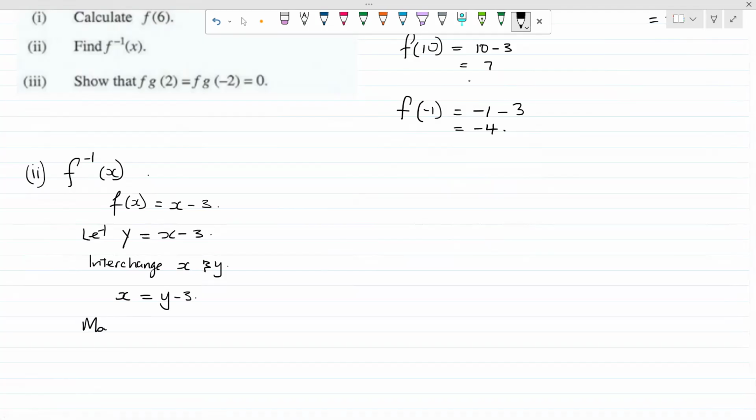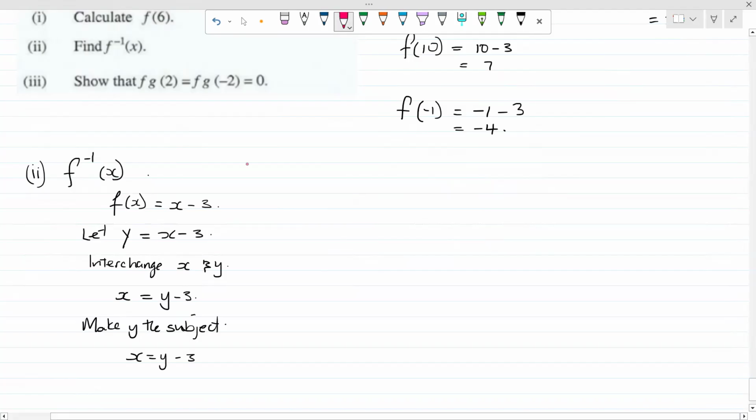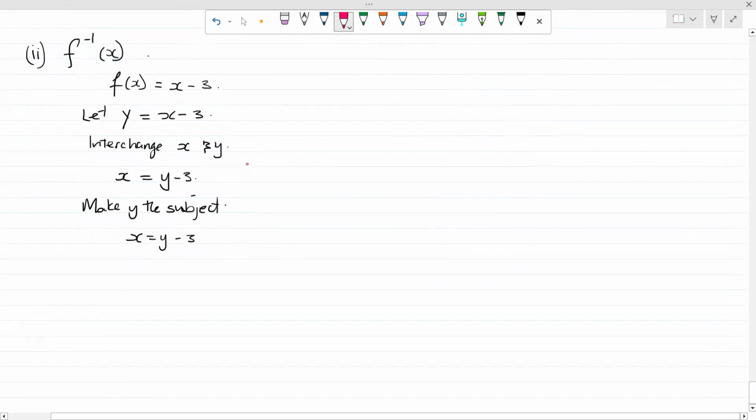And wherever we had x, we're going to put a y. After we do that, we're going to make y the subject. So if we have x is equal to y minus 3, we want to make y the subject. That means that we want to keep y by itself and move this away from y in simple terms. So we get x plus 3 is equal to y.